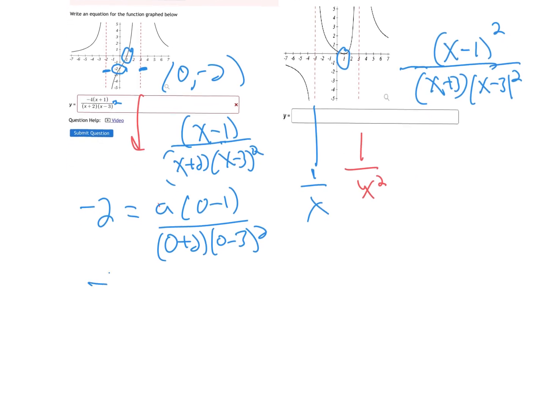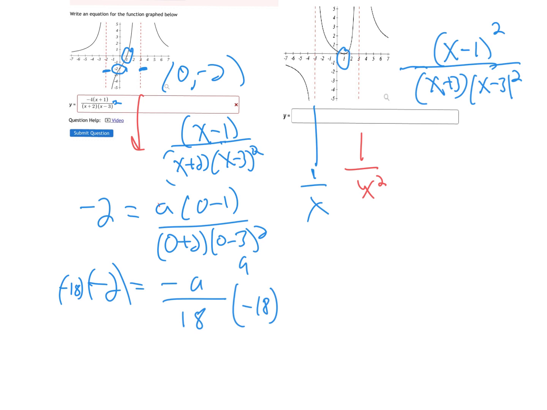So that's going to give me negative 2 equals, let's see, negative 1a over, that becomes 9 times 2 is 18. So to solve this, I'm going to multiply by the reciprocal of negative 1/18. Or I'm going to multiply both sides by negative 18.